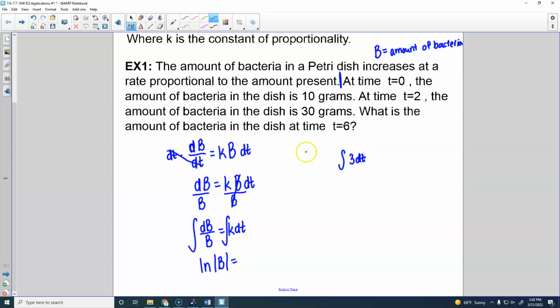It'd be not x, because my variable is t. So it'd be 3t plus c. We've got to treat k like it's a 3. So it's going to be kt plus c. Okay so far?